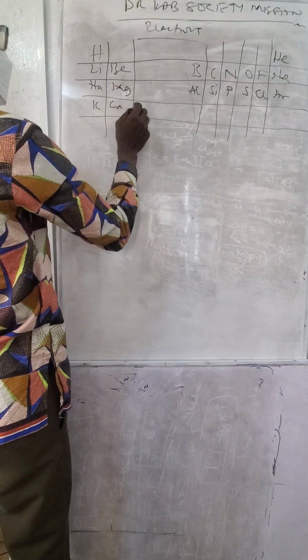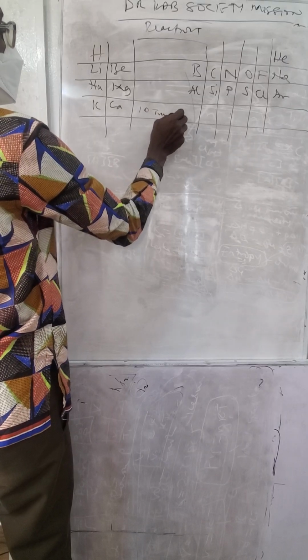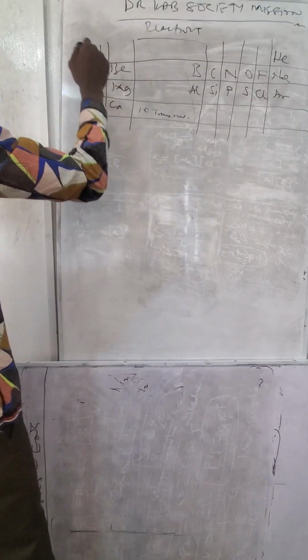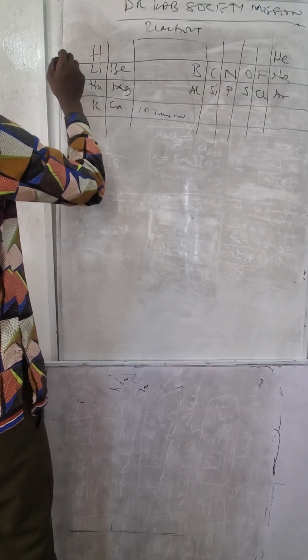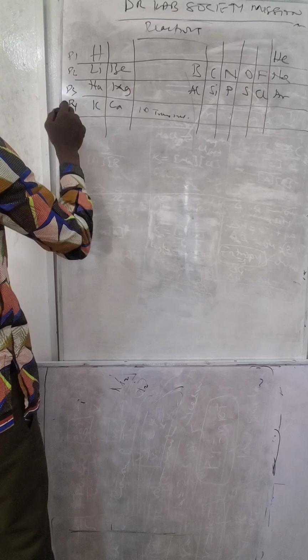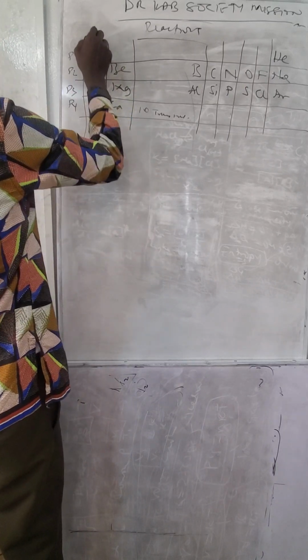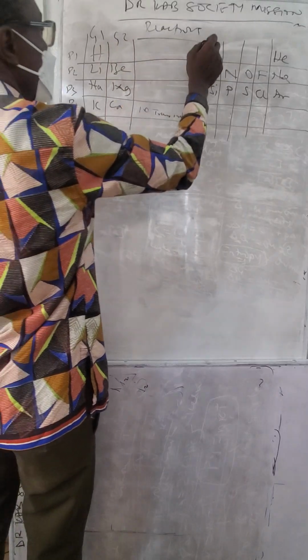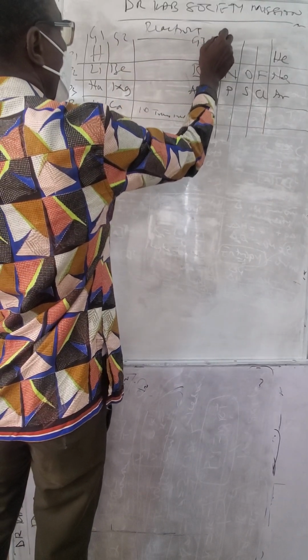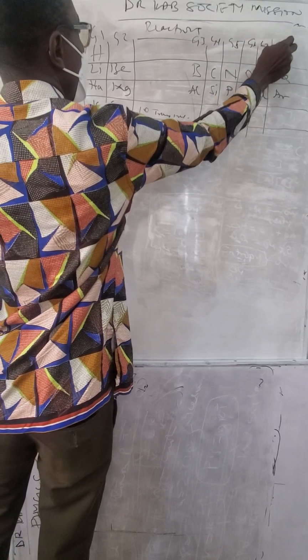At the end of the 20, we have 10 transition metals following. So this is period 1, period 2, period 3, period 4. And this is group 1, group 2, group 3, group 4, group 5, group 6, group 7, group 8.